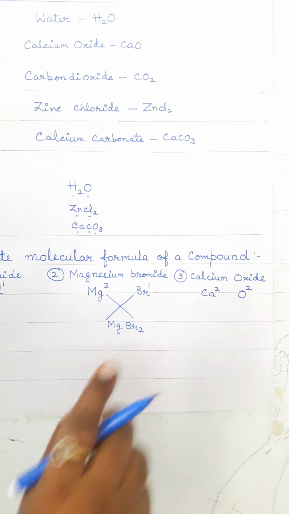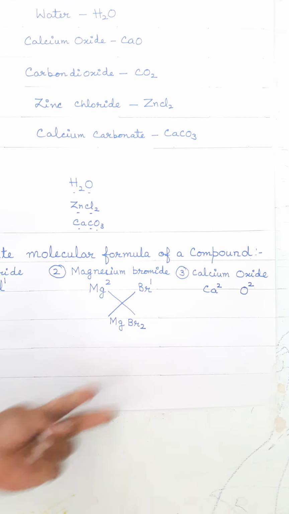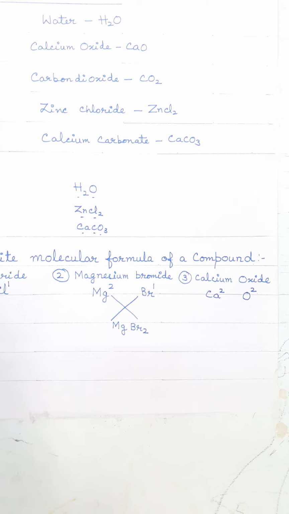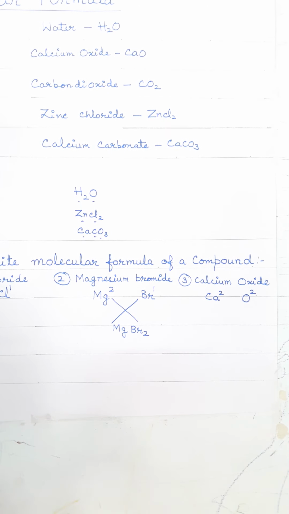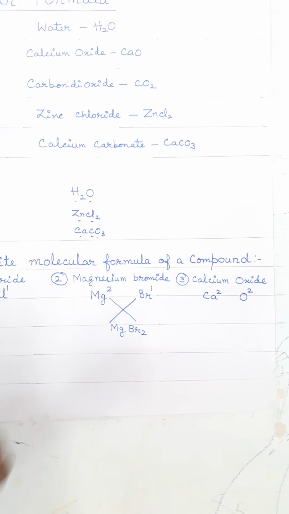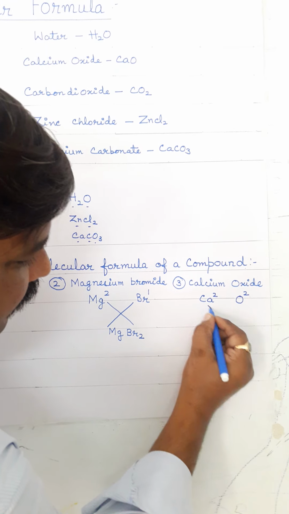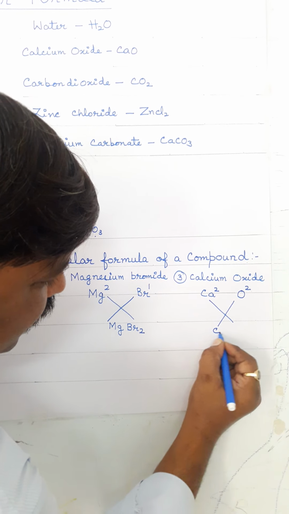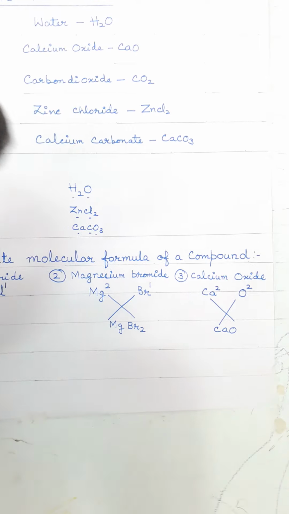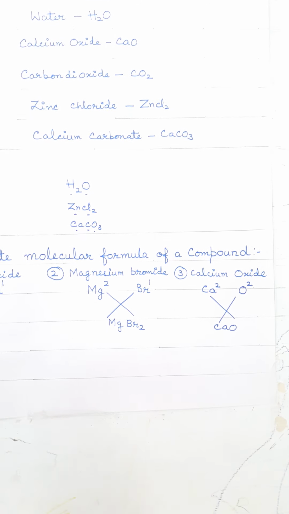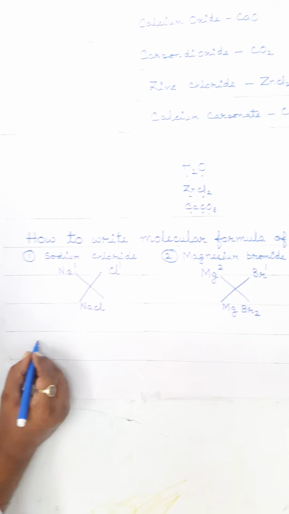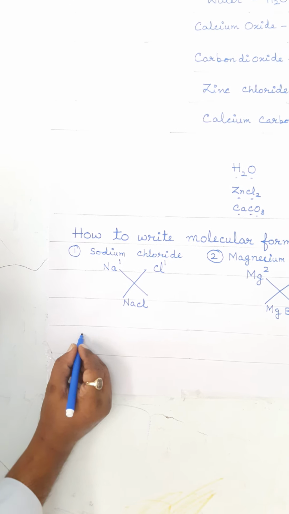Now remember another important rule, that whenever two symbols have got equal valencies, the valencies cancel out, and when cross multiplying we will simply write both the symbols together. The formula of calcium oxide will be CaO. Let us take one more example.